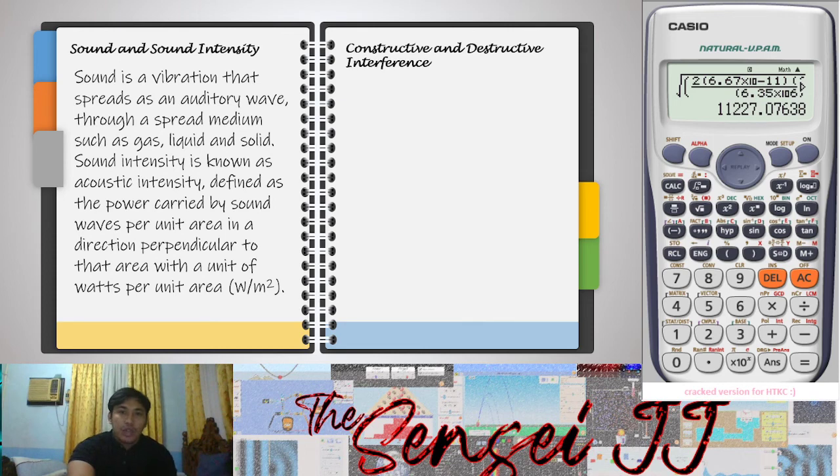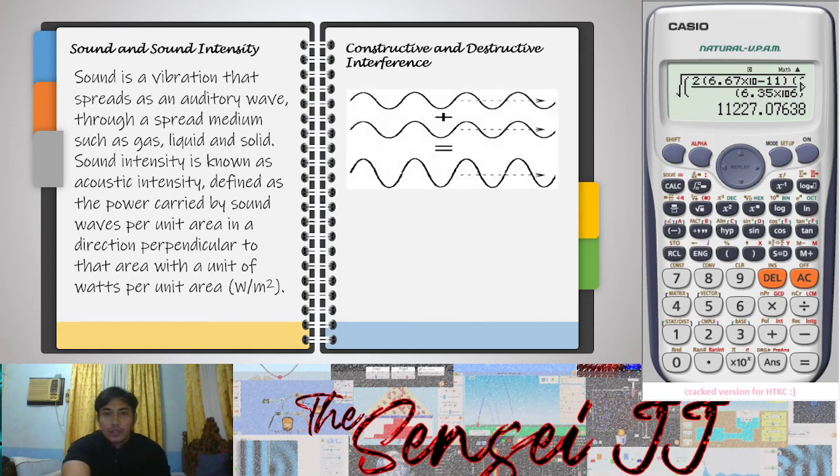So we have two types of interference. We have the constructive and destructive interference. If they are both on the same wavelength in the same direction, we will be having a much larger wave. So this one is what we call the constructive.